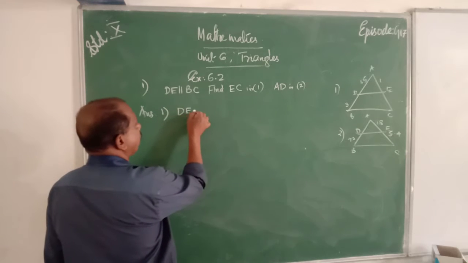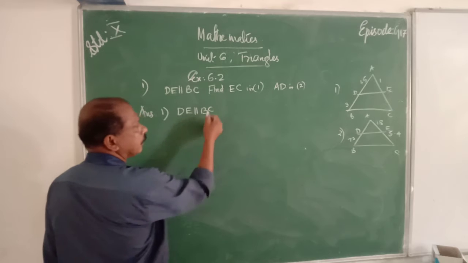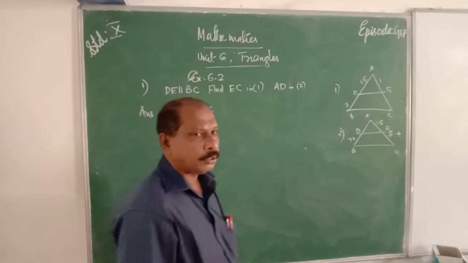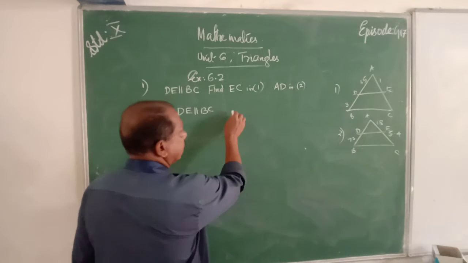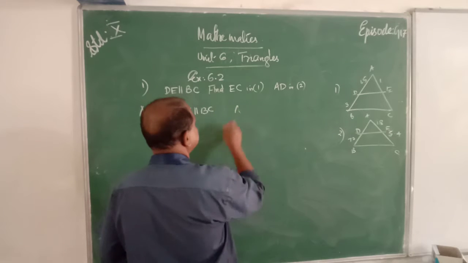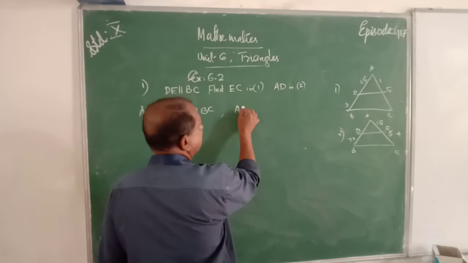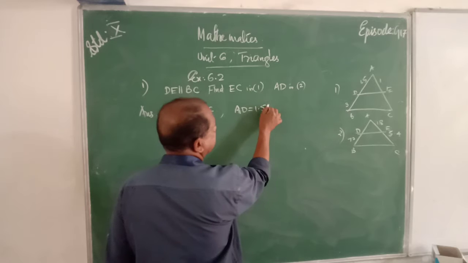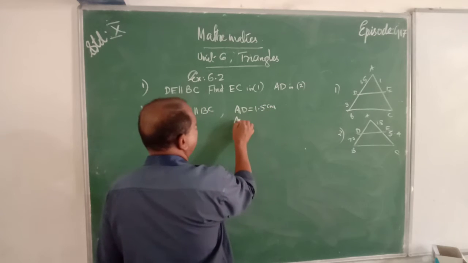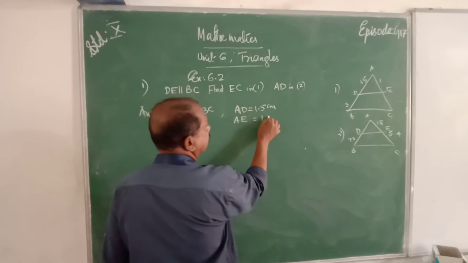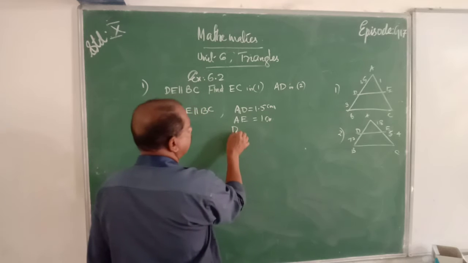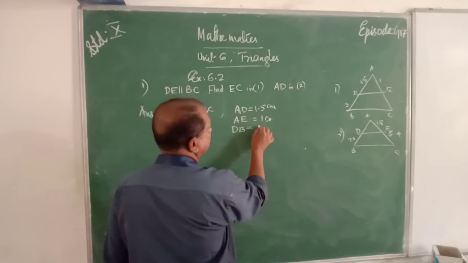DE is parallel to BC. Let us consider AD is equal to 1.5 centimeter, AE is equal to 1 centimeter, DB is equal to 3 centimeter.